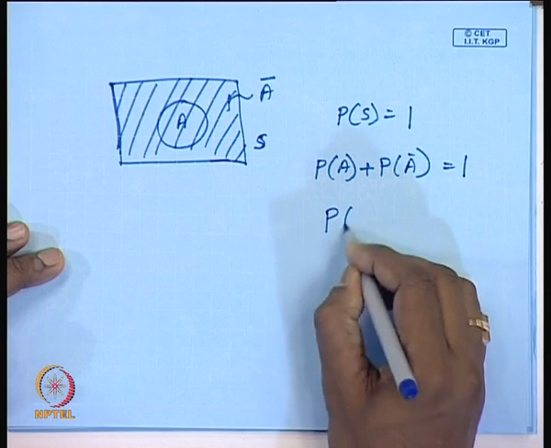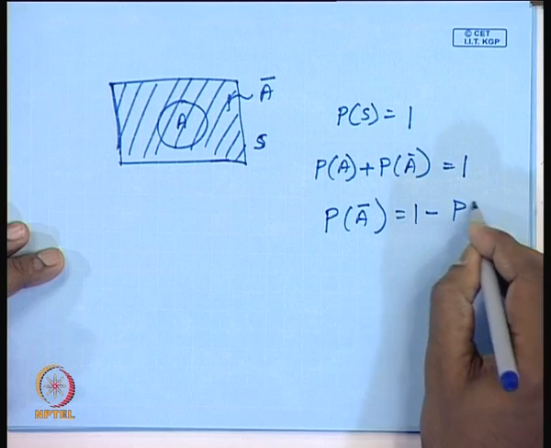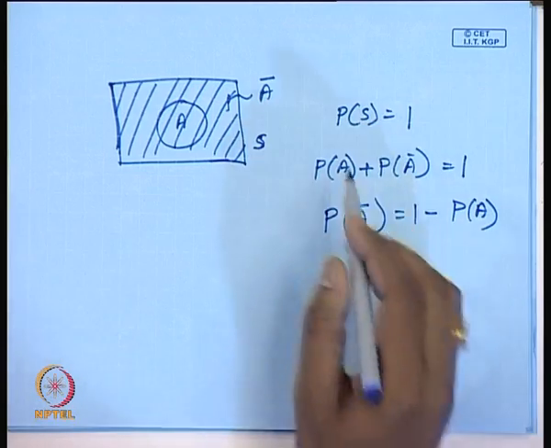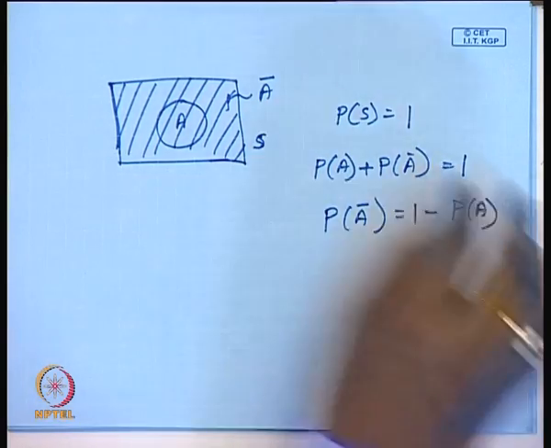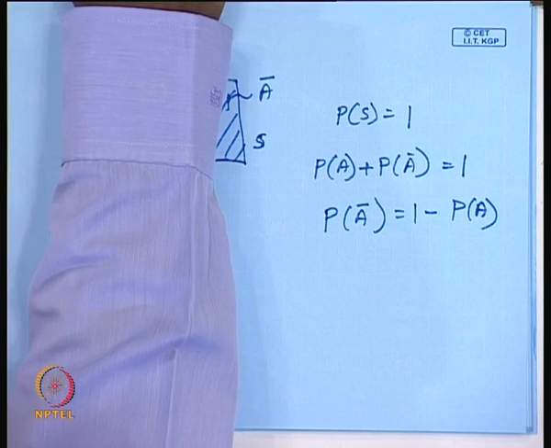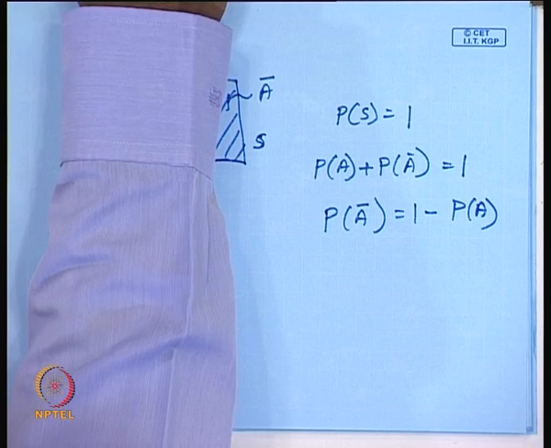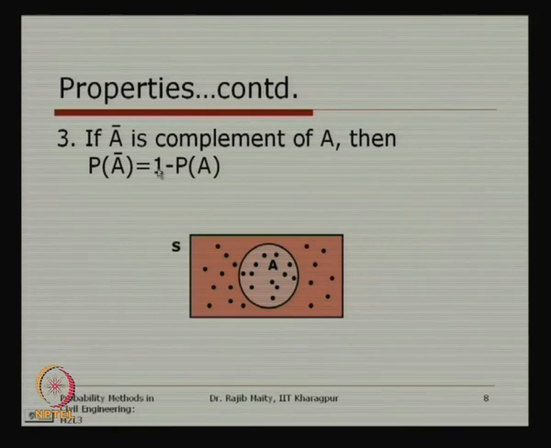So, this probability of A complement is equal to 1 minus the probability of A. So, from the second axiom we got this particular conclusion, which is shown here, that the probability of A complement is equal to the total probability, which is 1, minus the probability of A.